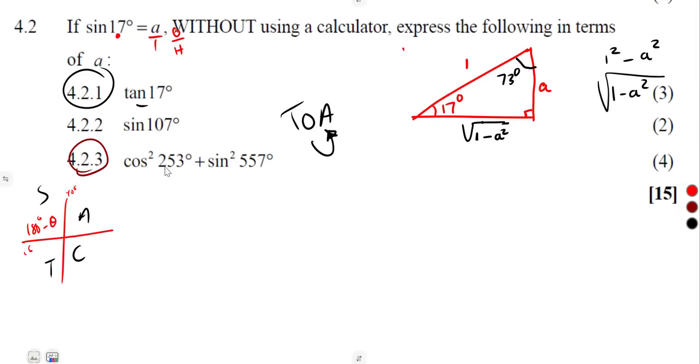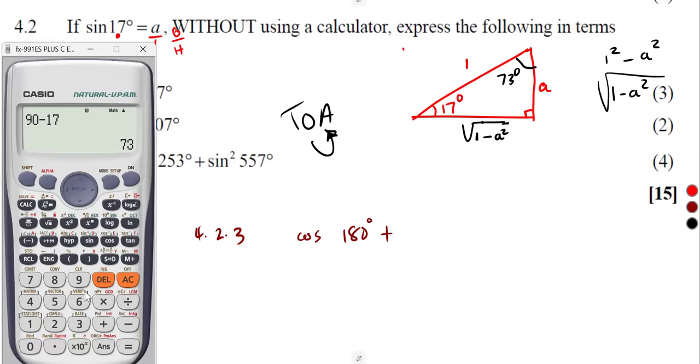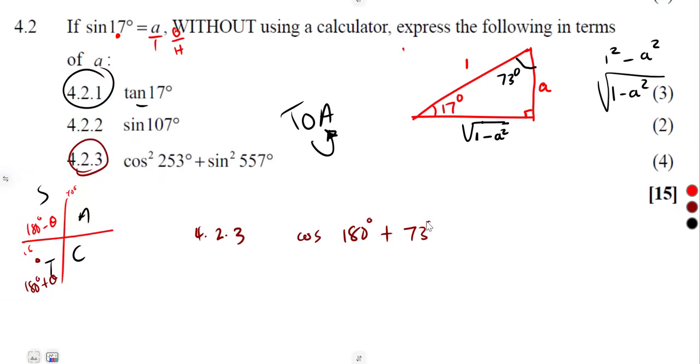4.23: cos squared 253 plus sine 557. 253 will be in the third quadrant, and this is 180 degrees plus theta. So it is going to be cos of 180 degrees plus what? To get 253, it's going to be 253 minus 180, which is 73. So that's plus 73 degrees, but it is being squared. Plus the sine of 557.